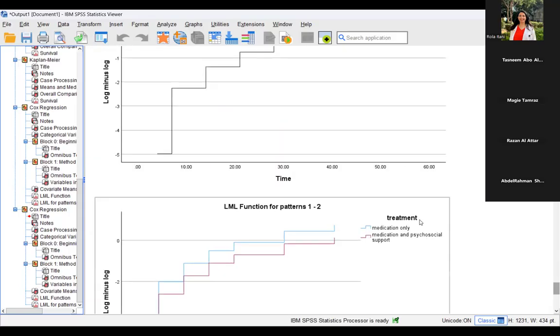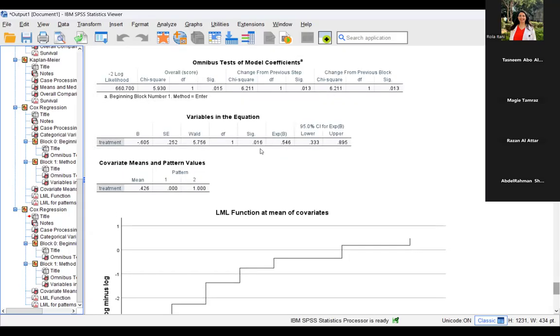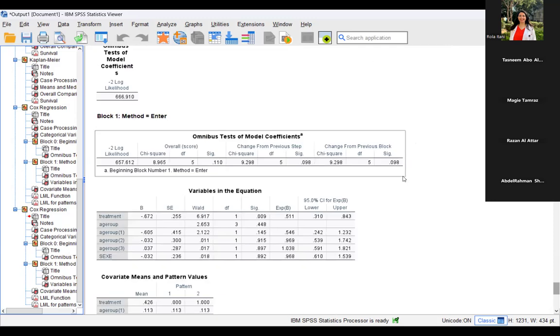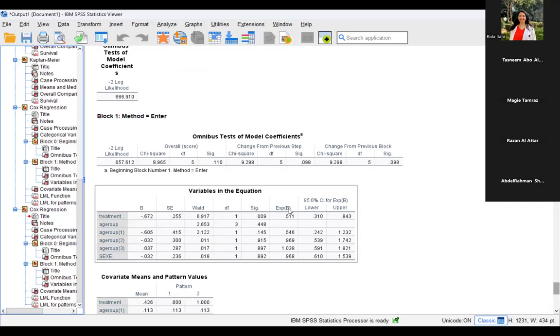So if you see here, the exponential was 0.546. It became smaller, a little bit smaller. And for me, this is not a big change. So it remains significant and protective. So somebody who is on a combination of treatment has a better survival and a lower probability of relapse compared to those who are on chemotherapy alone.